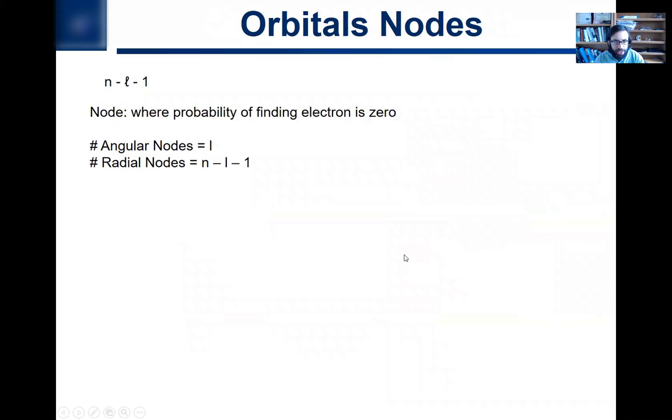So hopefully you're seeing a pattern here. What it's telling us is a node is where the probability of finding an electron is 0. The number of angular nodes is going to be equal to L, right? So s orbitals don't have any angular nodes. They have L equals 0. P orbitals have L equals 1. They have 1 angular node. Radial nodes is going to be n minus L minus 1. So consider, for example, a 3s orbital, which we went over.